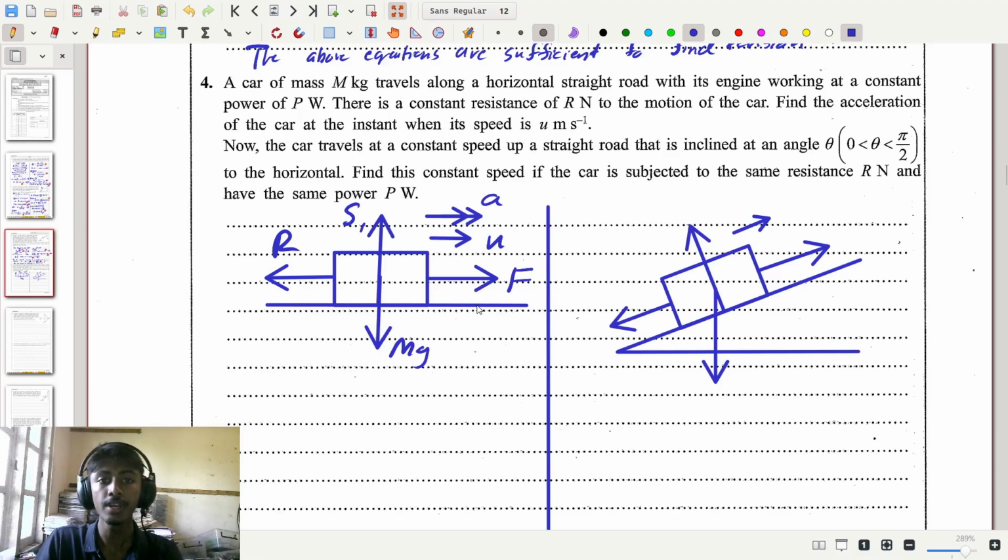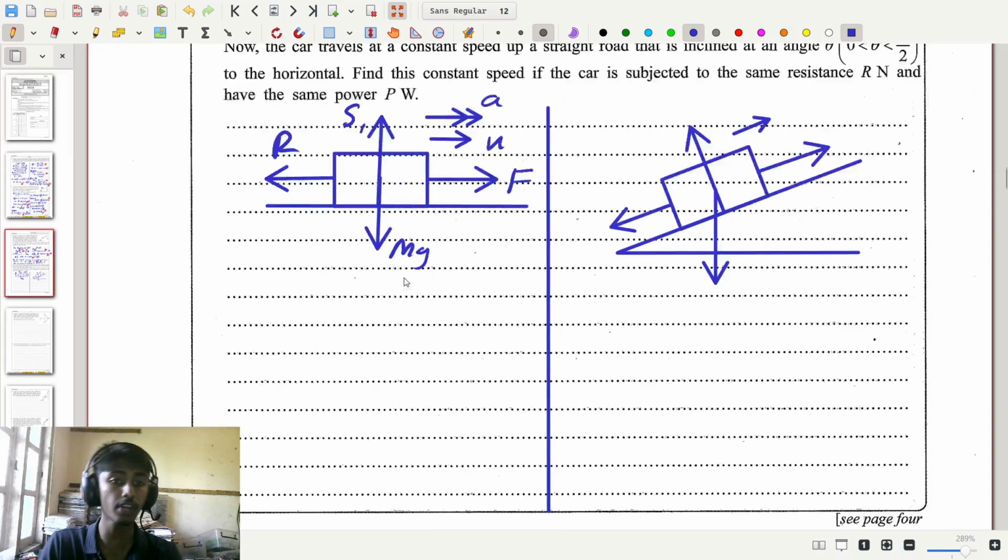Now what we can do is to consider F equals ma, and another equation based on power, in order to find the acceleration a of this car. So first off, let's apply F equals ma to the car. In the vertical direction there's really nothing relevant, so all we're going to do is apply F equals ma in the horizontal direction.